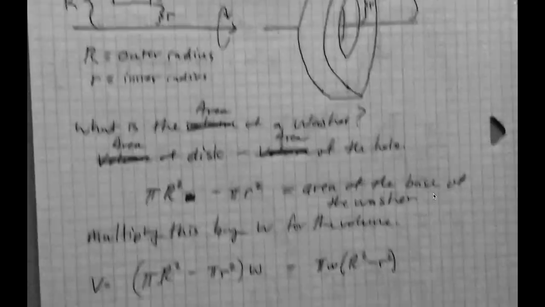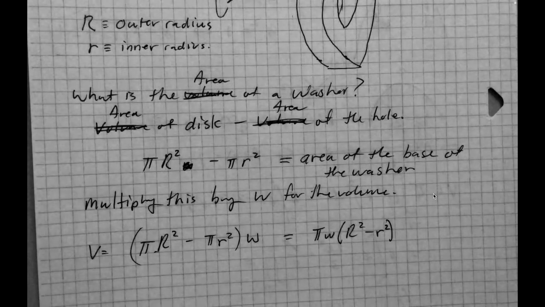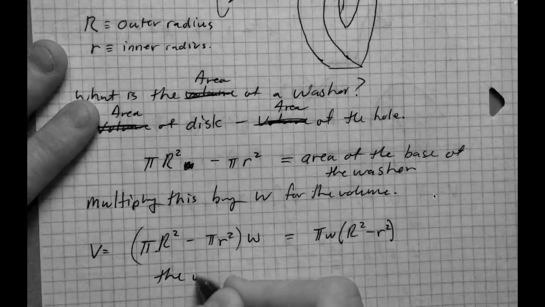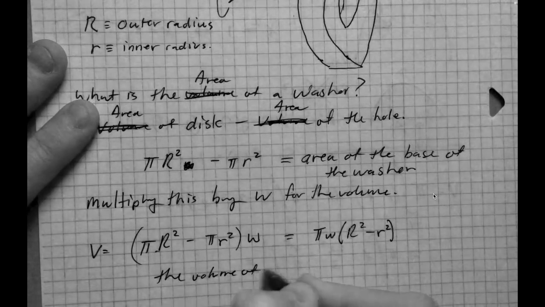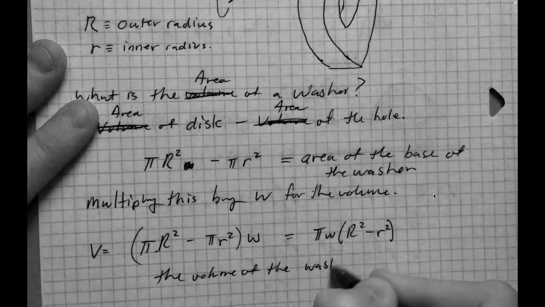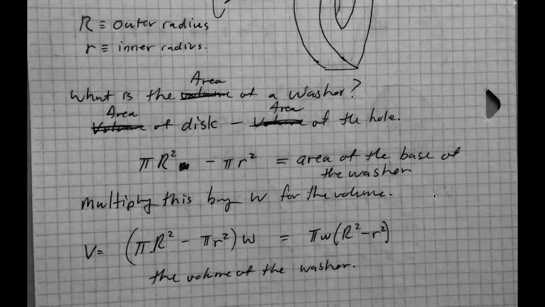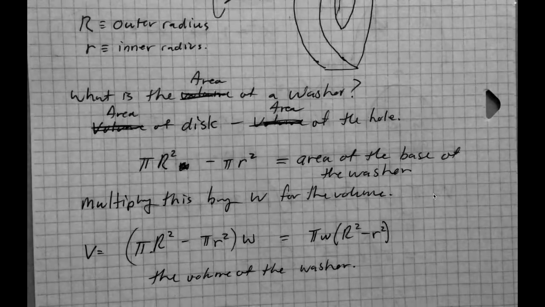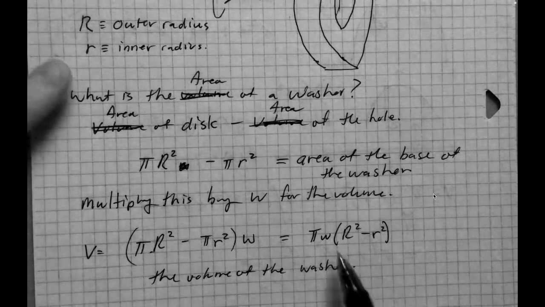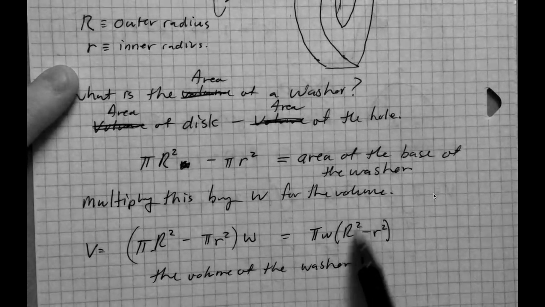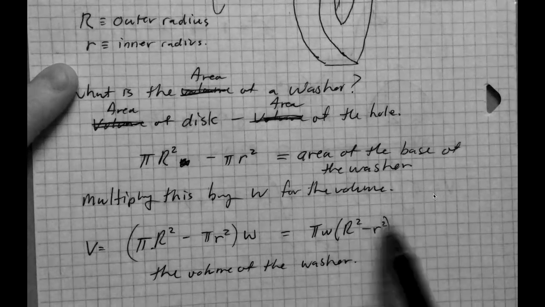That would be the volume of the washer. Okay, perfect. All that's changed here is that instead of just R squared, it's R squared minus little r squared.